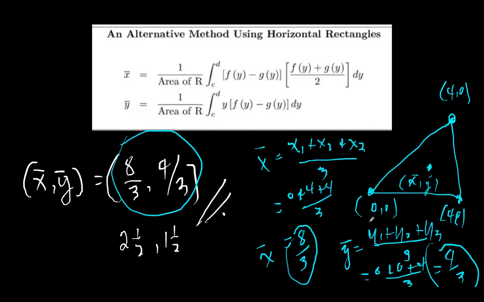Again, this is only applicable because we have a polygon, specifically a triangle, a right triangle. So that's how we get the centroid using the integral calculus, and this is how we get the centroid using basic geometry.